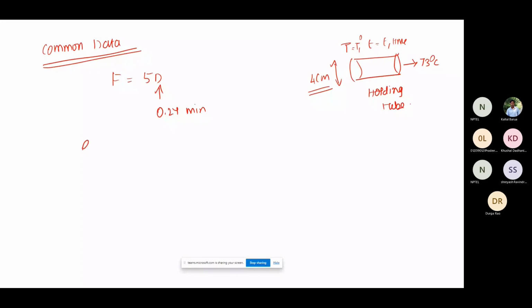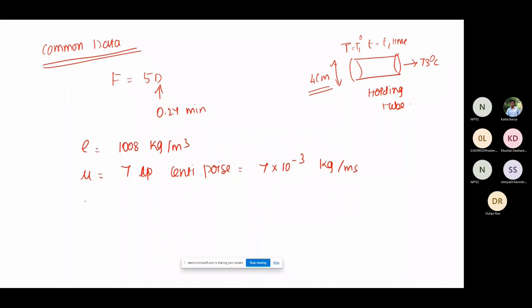Rho is given, which is 1008 kg per meter cube. And then your viscosity is given as 7 cP, which is centipoise. So to convert centipoise into SI unit, you multiply with 10 to the power of -3. So this will be in kg per meter second.